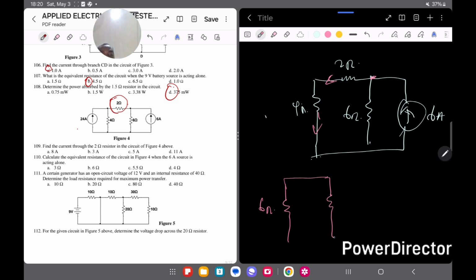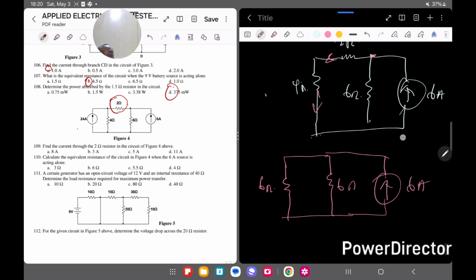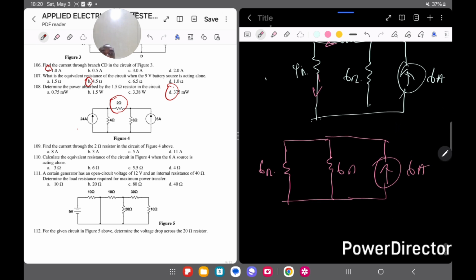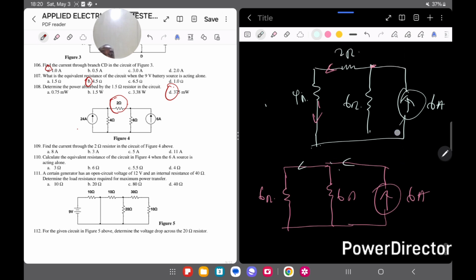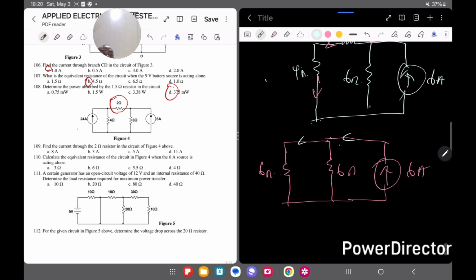And then this will now be in parallel with another 6 ohms here, and here is my 6 amps. You can see now that the current here is going to get divided. I'm interested in the current passing through this 6 ohms, and since it's 6 ohms and 6 ohms, I can get this straightforwardly.